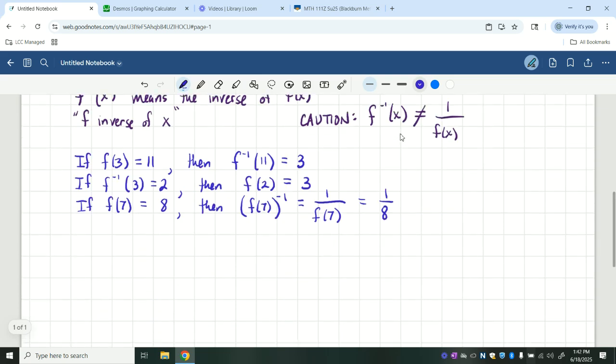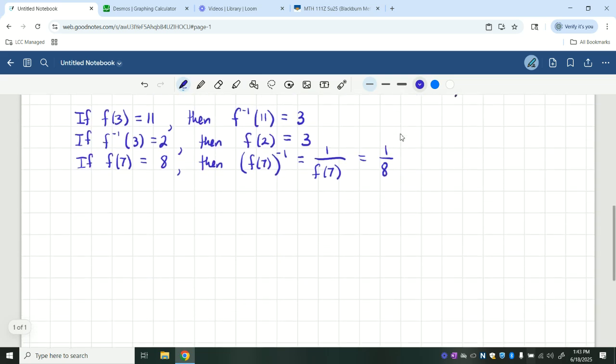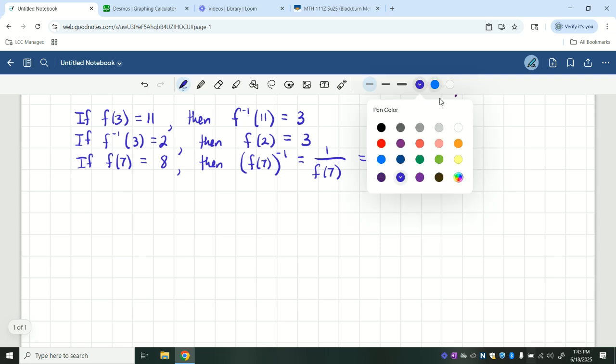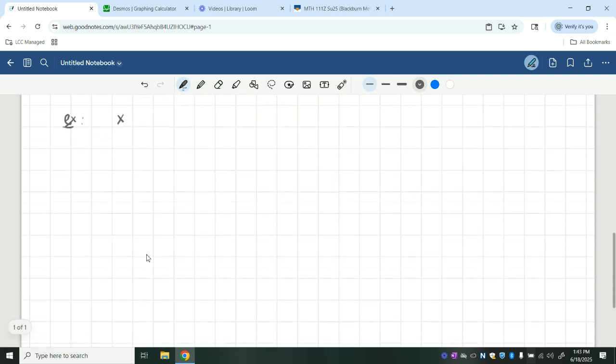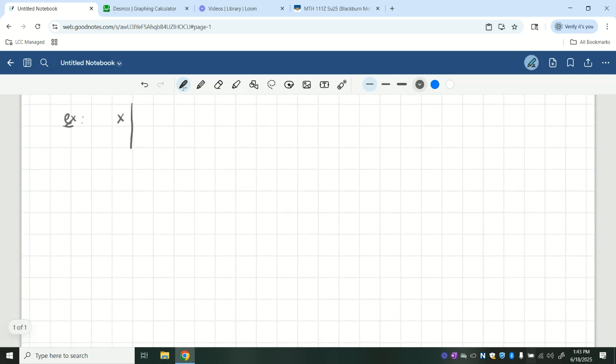Alrighty. Okay, what if I gave you a table of values so we could answer some inverse questions based on this table of values? So I have x, and then we have f of x. So if I have x's 0 through 9, 0, 1, 2, 3, 4, 5, 6, 7, 8, 9.